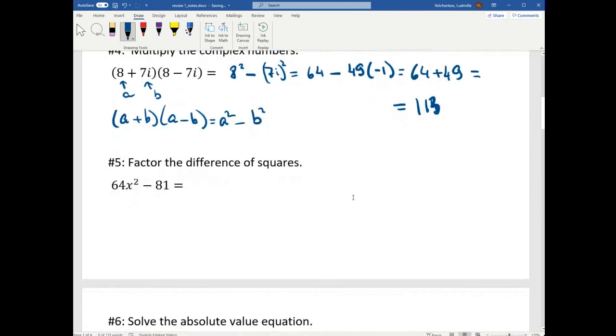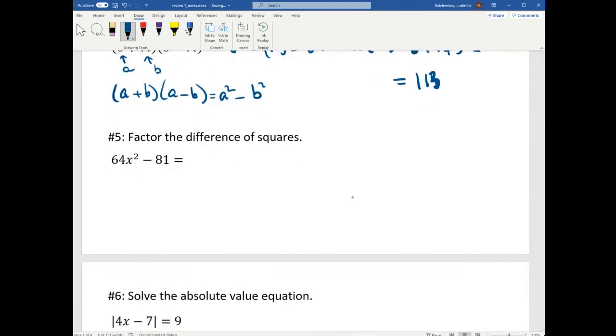Factor the difference of squares. We use the same formula for difference of squares. So first, let us write these two terms as squares. The first is 8 squared times x squared.